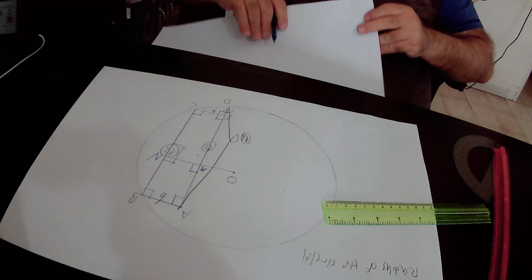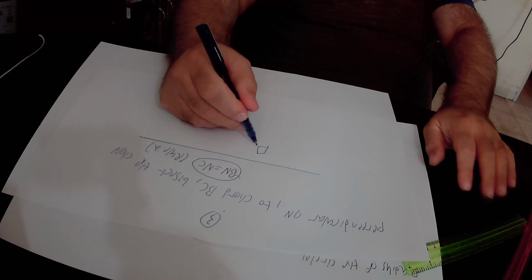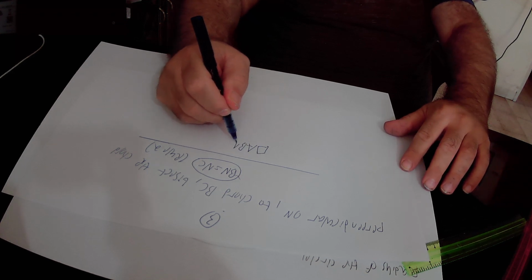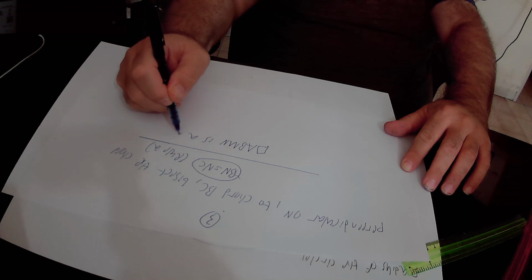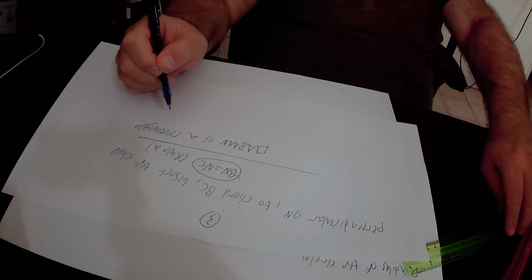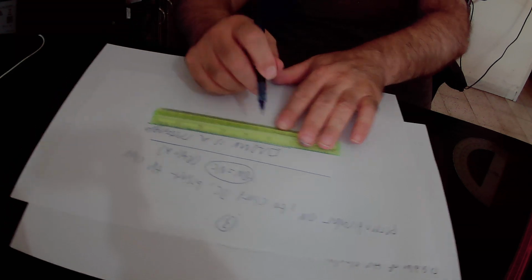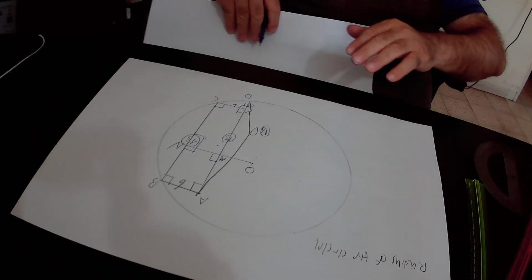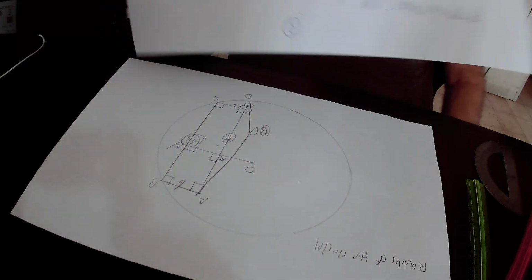So I write it down. Quadrilateral ABMN is a rectangle. But we also know that the opposite sides of a rectangle are equal to each other. That is to say, AM equals BN.